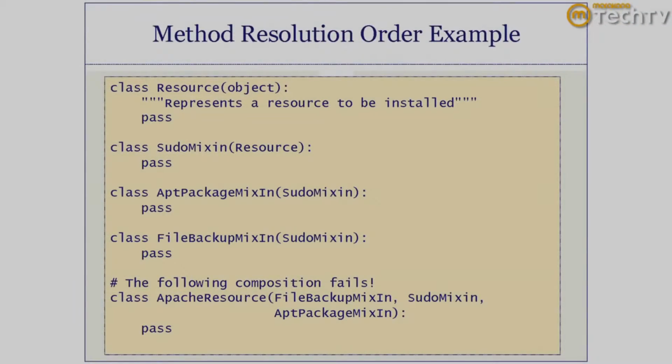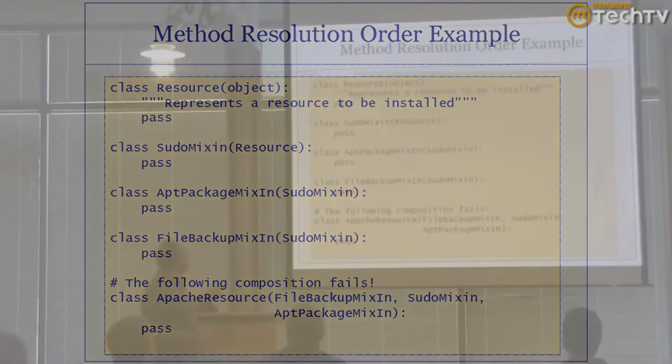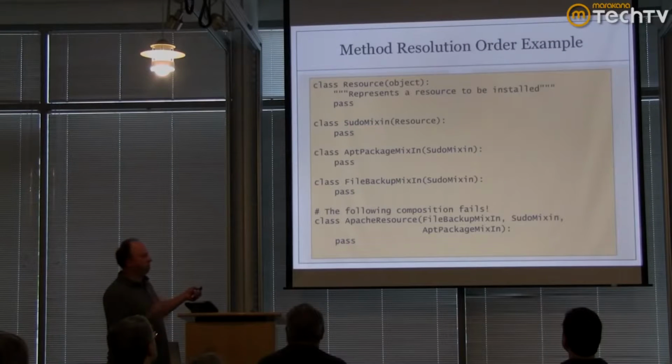This is an example where I ran into this problem in my own code, to give you an idea. I'm building a system for doing deployment automation and have this class of Resource that represents something I'm going to install. And I have various mixins to describe the properties of that resource. I'm obviously ignoring all the details of the methods of the classes, but just for the example: this one is where I need SUDO access to do the installation.